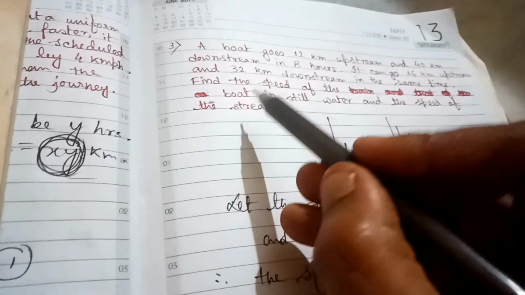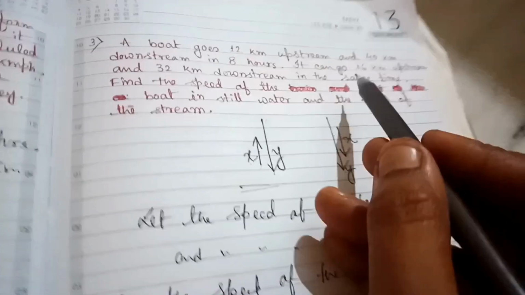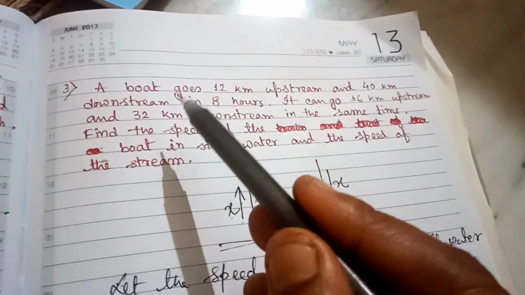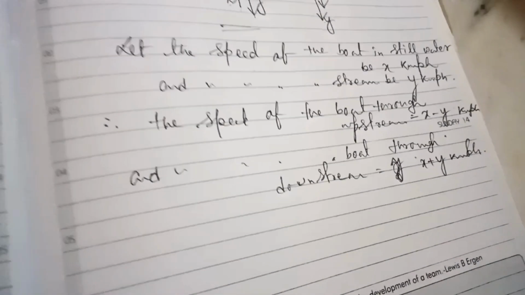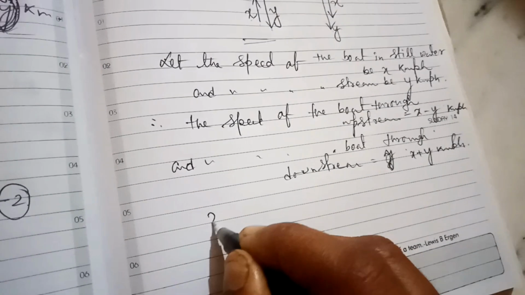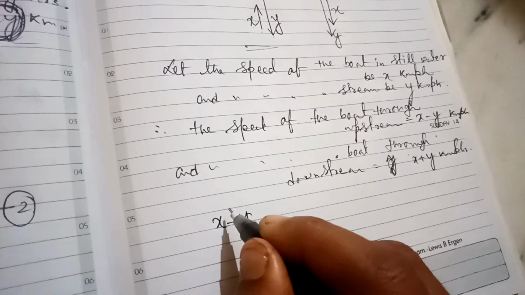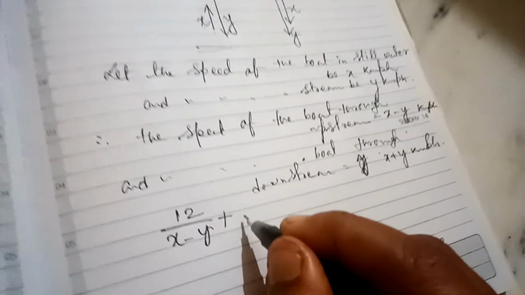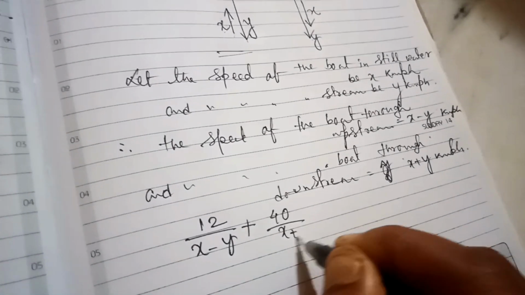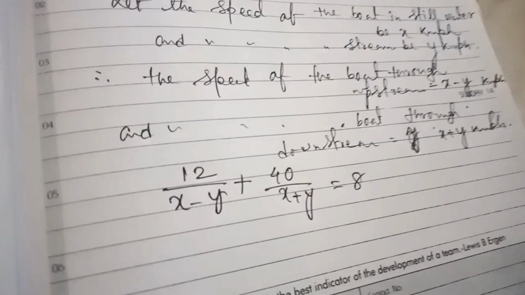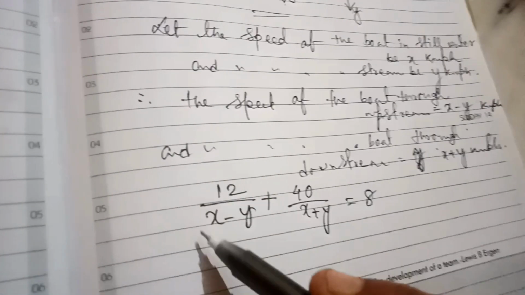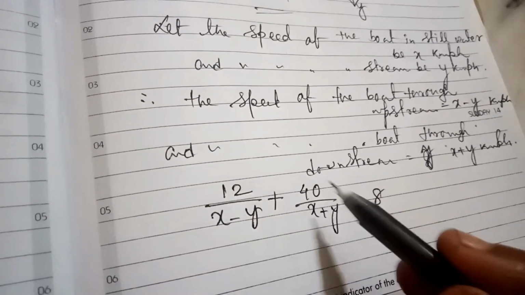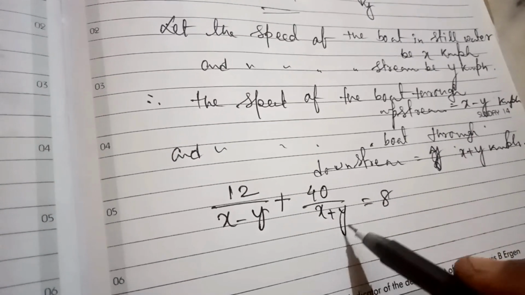Now the boat goes 12 km upstream and 40 km downstream in 8 hours. So 12 km upstream, its time will be 12 divided by x minus y, plus 40 divided by x plus y, is equal to 8. This is the time taken through upstream and this is the time taken through downstream.